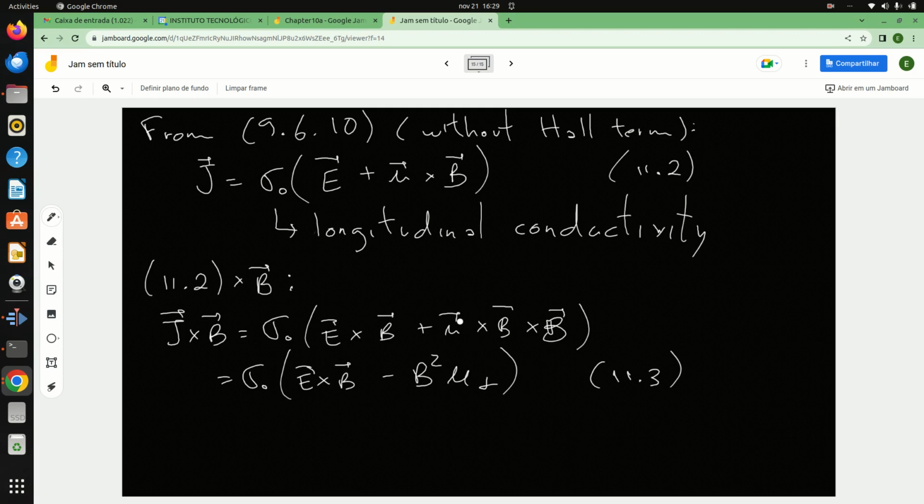Now, why is this equal to this? I'll leave this as an exercise for you to show that this is actually so. I have shown some similar cases in this series of videos. So we could just draw a schematic with those vectors, compute those cross products, and see that this is actually equal to this one. I'll leave this as an exercise for you.